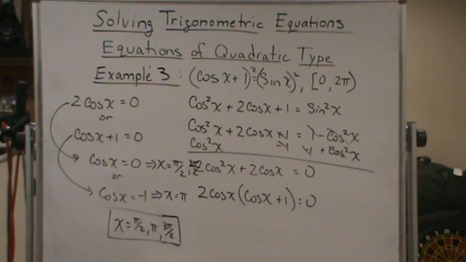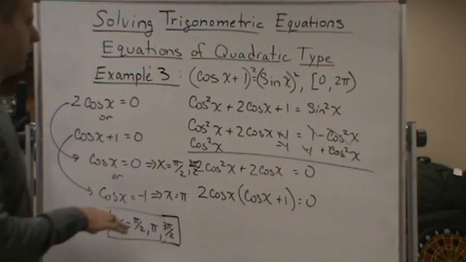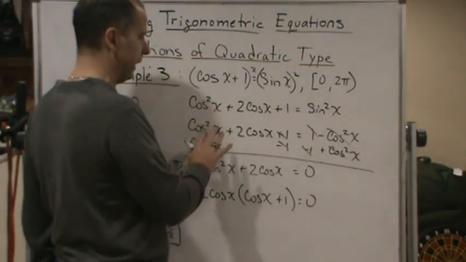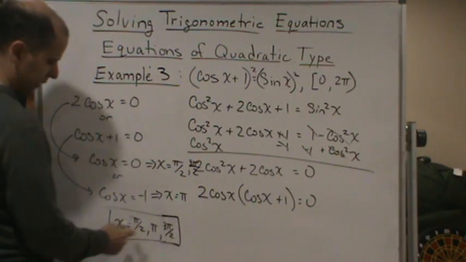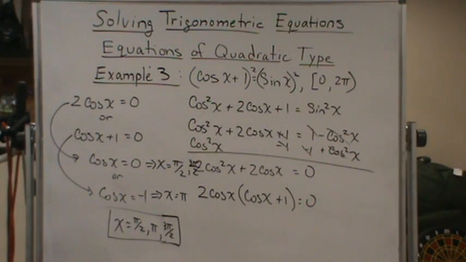So you check any solutions in the original equation to determine whether they are valid or extraneous. Anytime you square the original equation like we did here to try to solve it, always make sure that you check these 3 to make sure that there's no extraneous solutions. Okay, and that's it, I think.